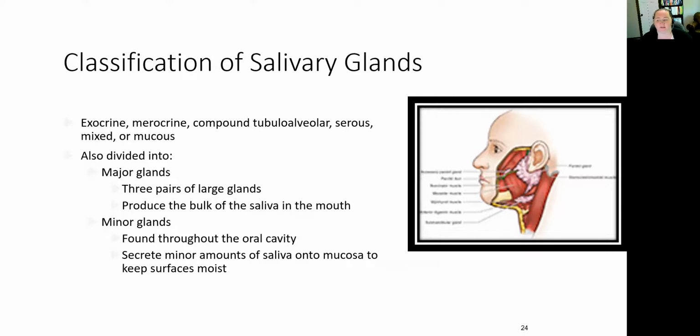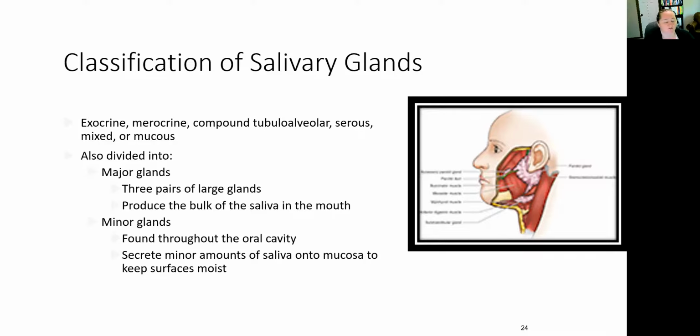Produce the bulk of saliva in the mouth. Okay, so we know those are our parotid, our submandibular, and our sublingual, right? Then we have minor salivary glands, and those are found throughout the oral cavity, and they secrete minor amounts of saliva onto the mucus to keep the surface moist.